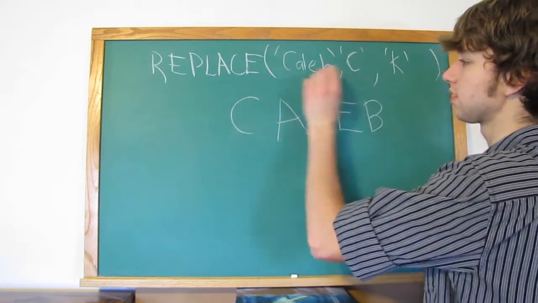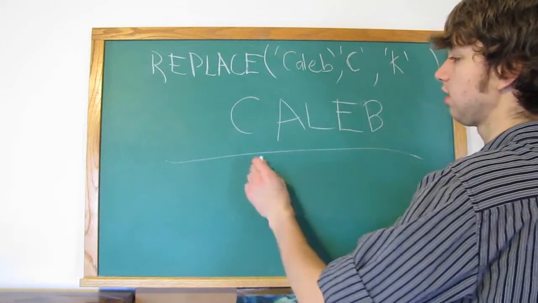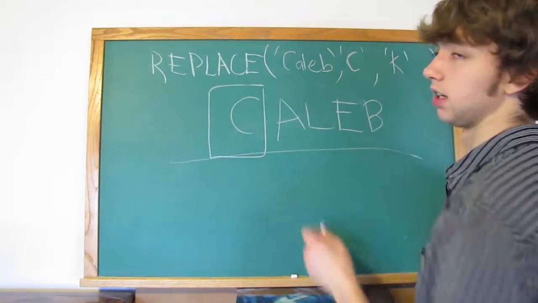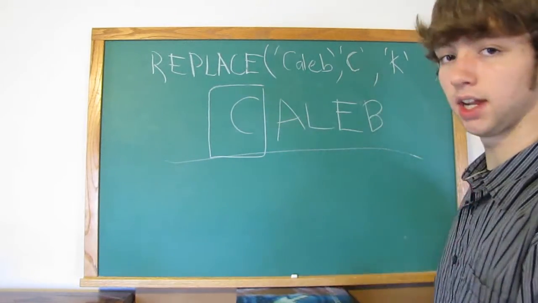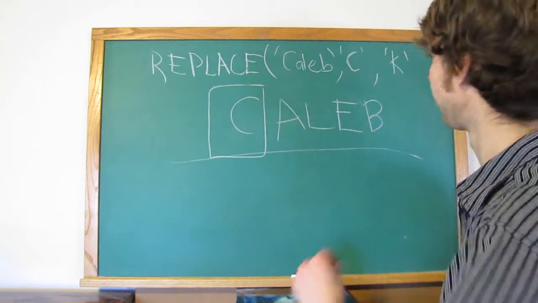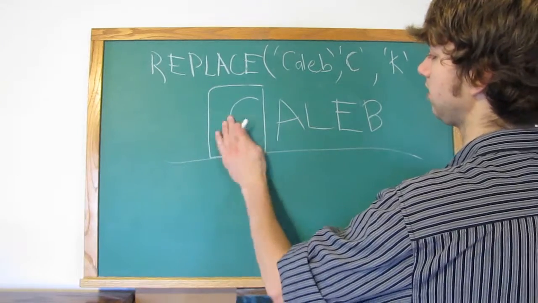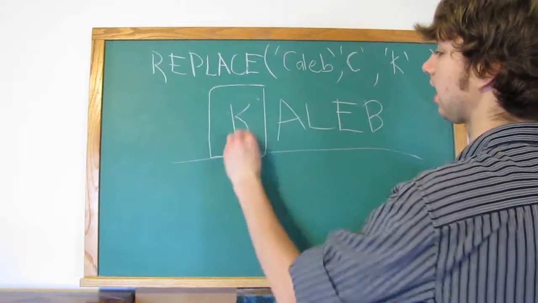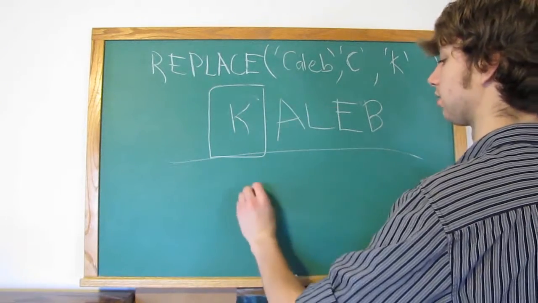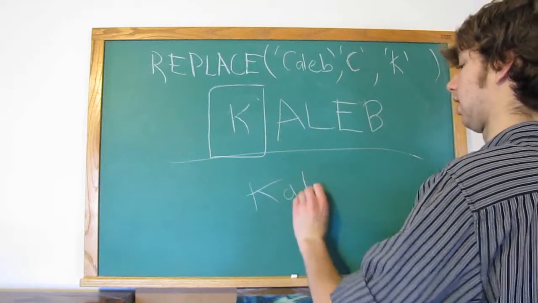It will go through this, scan it for the letter C, and we can see a letter C is right here. The next step is that it will replace it with whatever you place here, a K. So now, instead of a C, we have a K. So from this, the result is Caleb with a K.